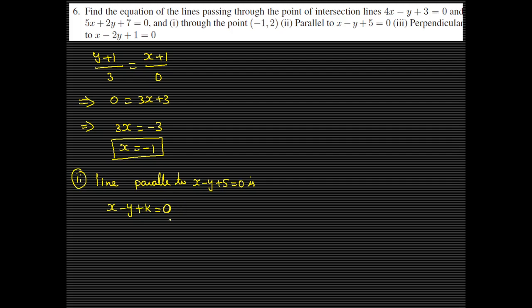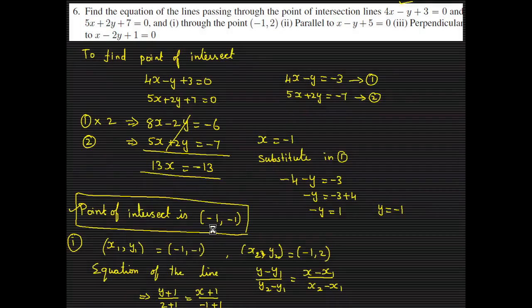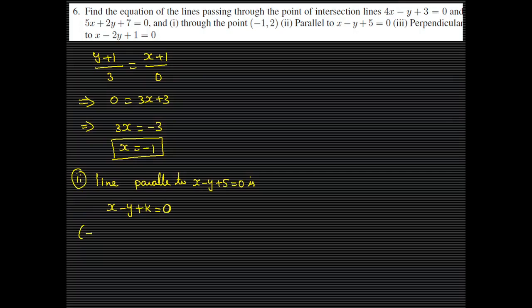And this line passes through the point of intersection, which is minus 1 comma minus 1. So let us substitute the point: minus 1 minus of minus 1 plus k is equal to 0. So minus 1 plus 1 plus k equal to 0. So what is the value of k? You are getting k is equal to 0.